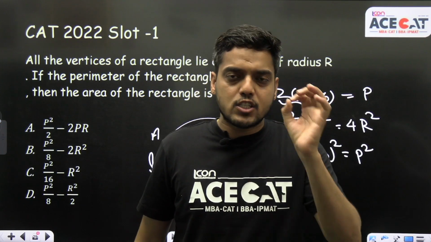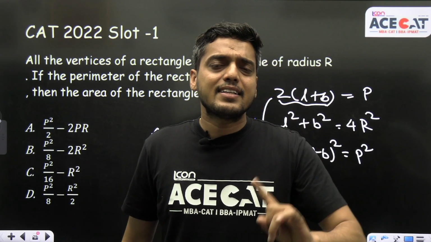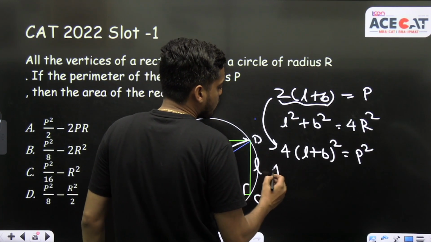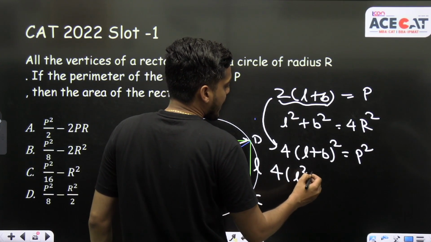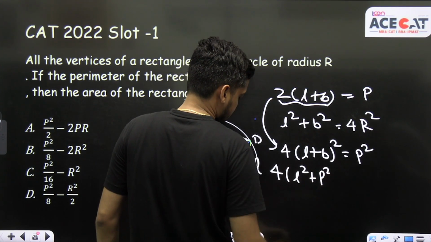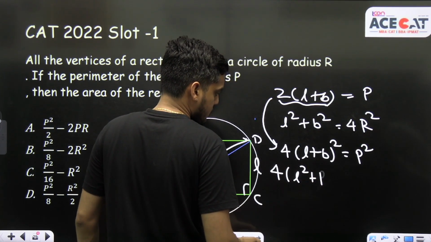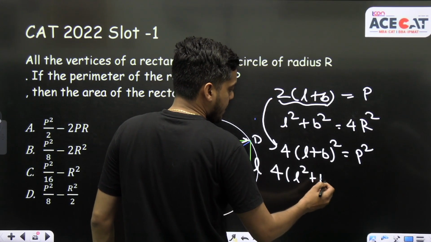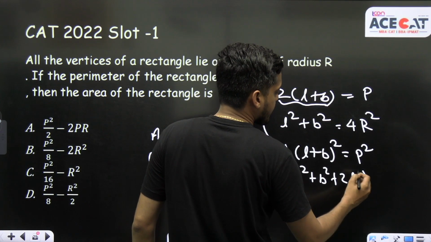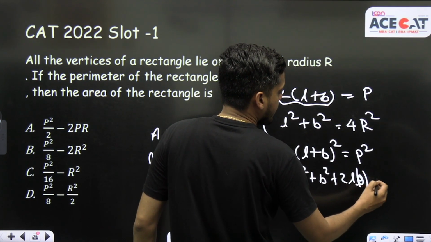We all know the area of a rectangle is nothing but L into B. So ultimately, 4 into (L square plus B square) plus twice of LB is equal to P square.